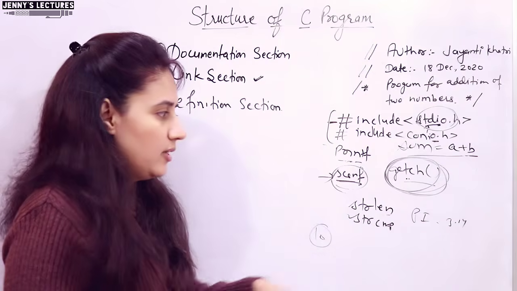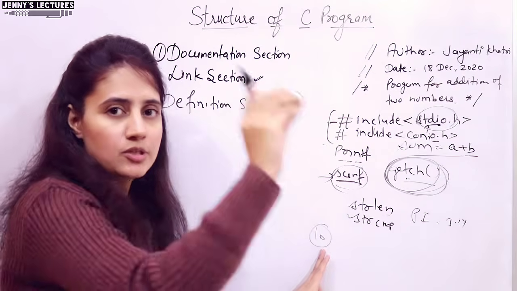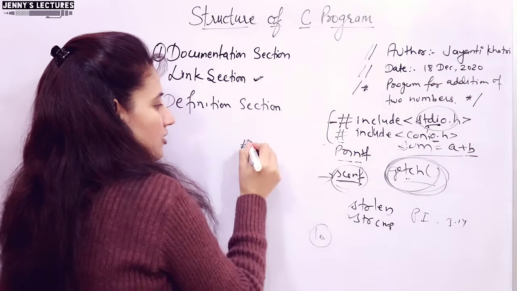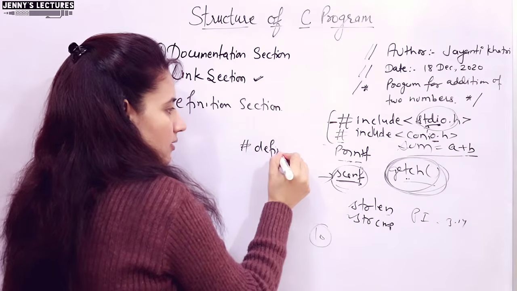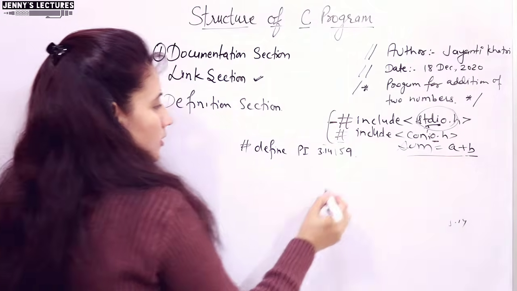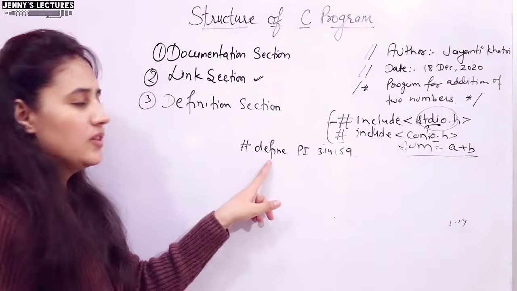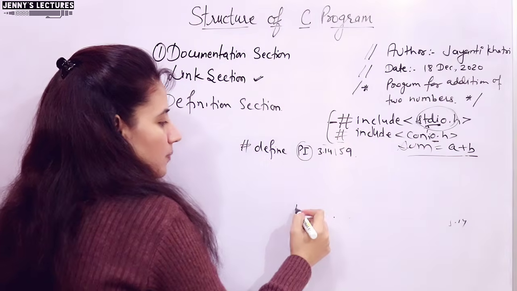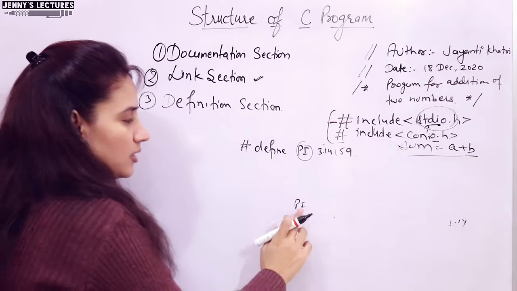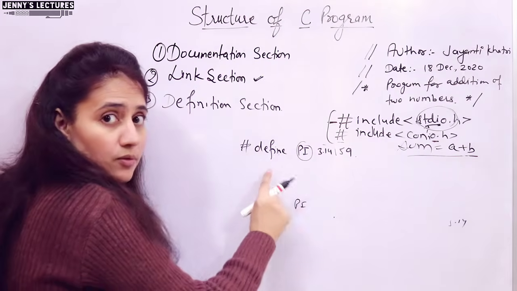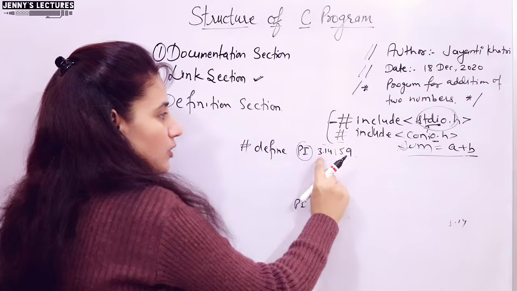Rather than writing 3.14 10 times in a program, you can write here hash define pi 3.14. If you use this hash define, this is a macro definition. So whenever pi is written in the program, suppose 10 times, everywhere it will be replaced with this value.